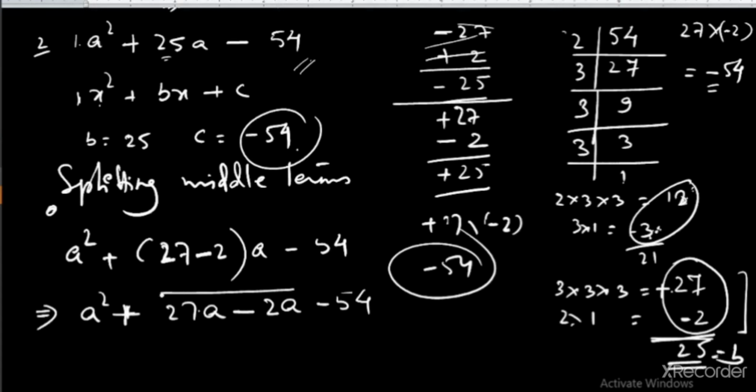Whenever you are given any expression to factorize, try to use bar bracket instead of the common brackets. Whenever we have to find out the common, there you need the bracket, but when common is not to be taken out, there you can use this type of bar bracket.